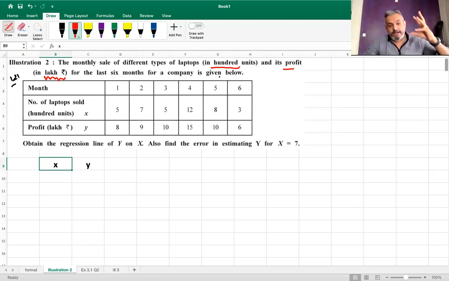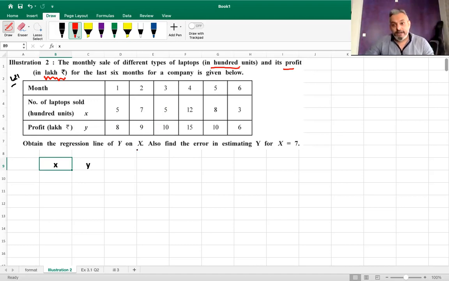These units are very important. So for each month, laptops sold in 100 units: this 5 is 500 and profit is 8 lakh. 700, 9 lakh. 500, 10 lakh. That's how you have to read it.